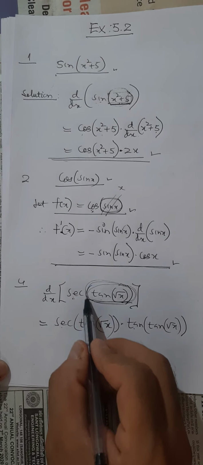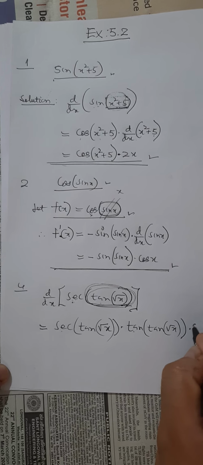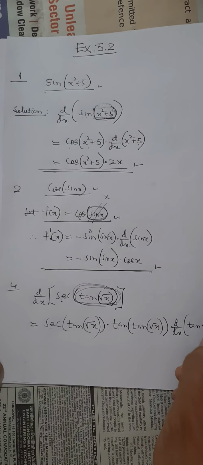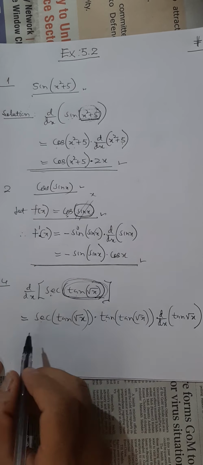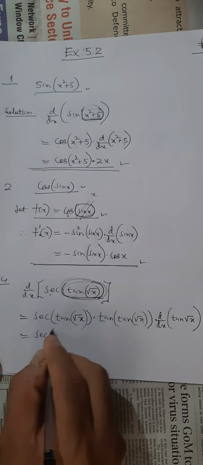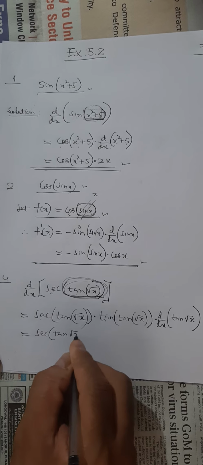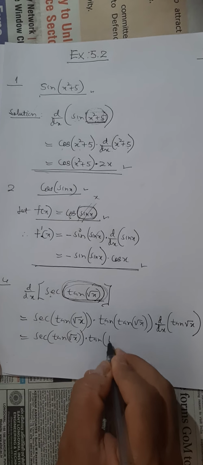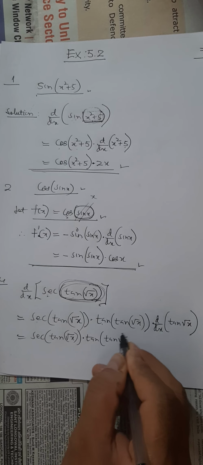Now which one you had considered as x? This much. So by chain rule, don't forget this, d by dx of tan root x. I'll copy the first two terms as it is. Sec of tan of root x into tan of tan root x.